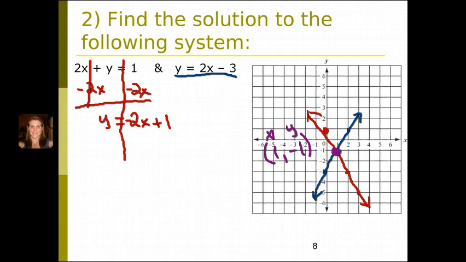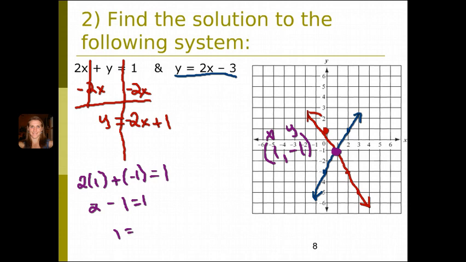So you're going to say 2 times 1 plus -1 equals 1, which gives us 2 minus 1 equals 1, and 1 equals 1, which is true.